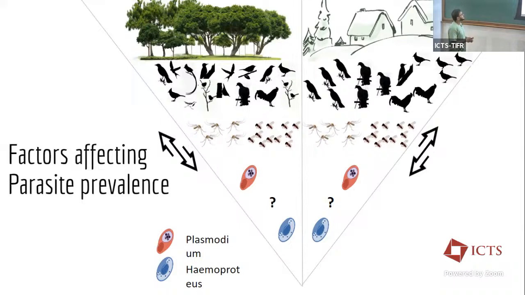So we have habitat at the highest scale at the top. We have certain forests that are natural forests that are not yet disturbed so much, and then we have urban forests or disturbed forests. There is a lot of human encroachment. Then we have birds as hosts, since we're talking about avian malaria, and these birds are responding to this habitat.